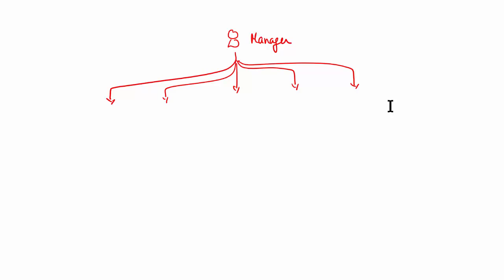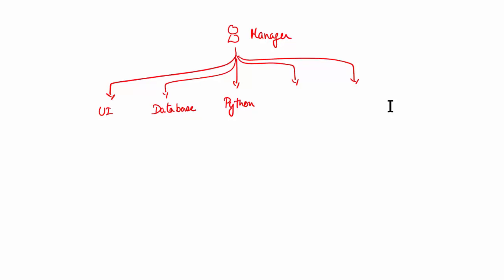And then there'll be a UI team responsible for developing the web interfaces, and there'll be a database team, and so on and so forth. And then there'll be a team working on building the backend Python framework. Now, we're not going to bother about the UI team or the database team. We're going to focus only on the Python team.